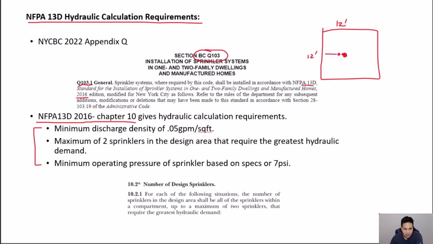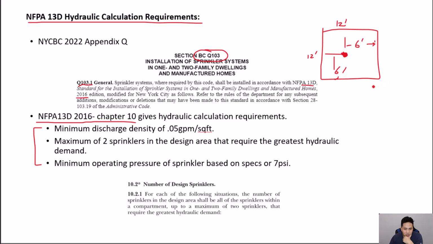So from here to here would be 6 feet, and basically from here to here would be 6 feet right here. So this would be the coverage for the residential sprinkler head, and that's just the default coverage that you should apply when designing your sprinkler system to start off the design.